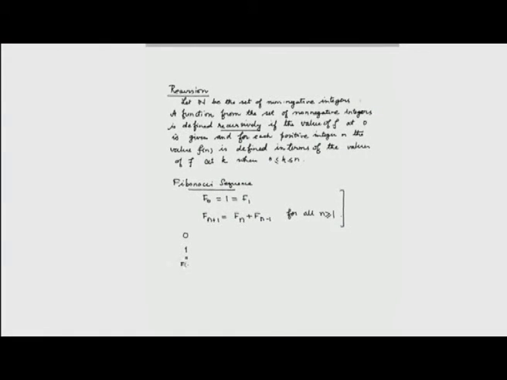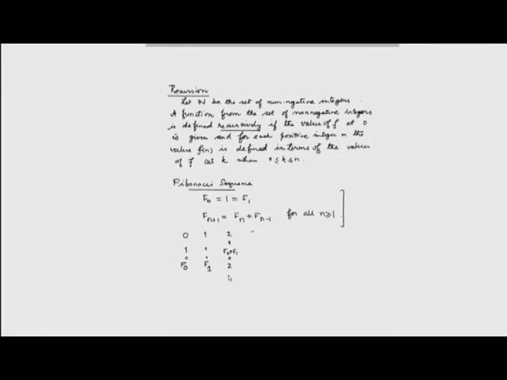As we see, F0 is equal to 1, then F1 is equal to 1, then for 2, this value is F0 plus F1, which gives me 2.